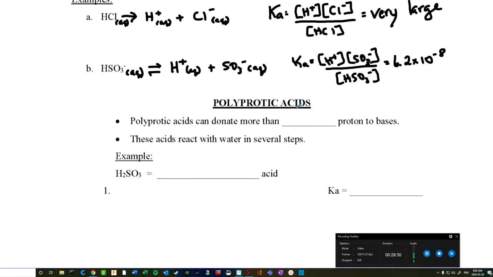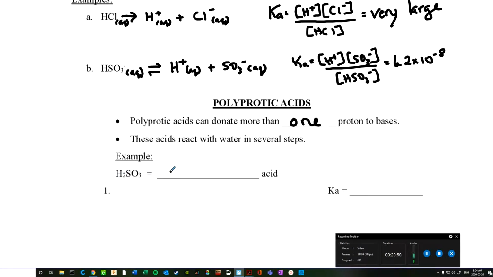So they have more than one proton or hydrogen ion to donate. So these acids will actually react in a series of steps until they have donated all of their protons or all of their hydrogen ions. So for this one, for example, H2SO3, it has a total of 2 hydrogen ions to donate. So this will happen in 2 steps.